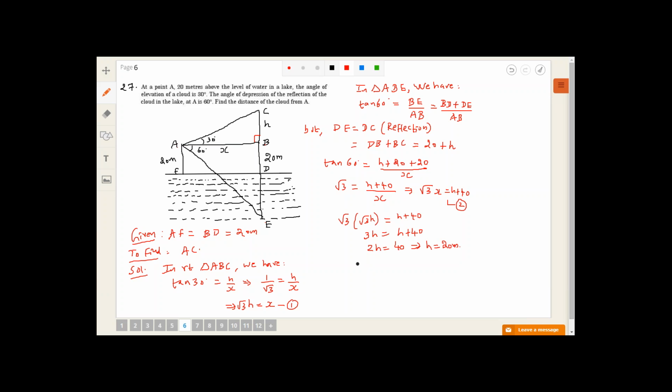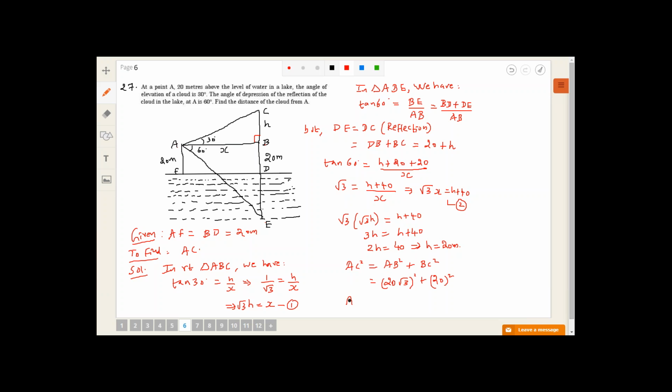Now in the right triangle ABC, we have AC square is equal to AB square plus BC square. So AB is nothing but x, but x is root 3h. So root 3 into 20, which is 20 root 3, the whole square, plus BC is 20 square.